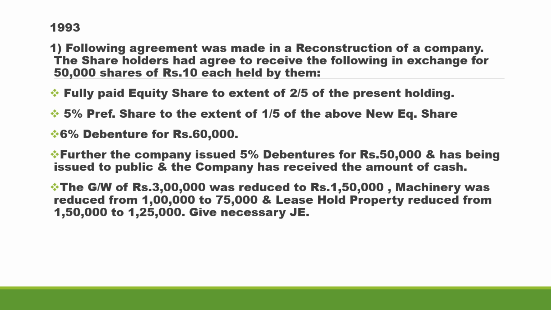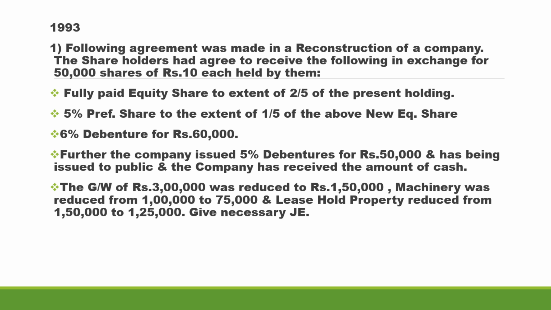The shareholders had agreed to receive the following in exchange for 50,000 shares of rupees 10 each held by them: fully paid equity shares to the extent of 2/5 of the above holding, 5% preference shares to be exchanged for 1/5 of the above new equity share, and 6% debentures for rupees 60,000.